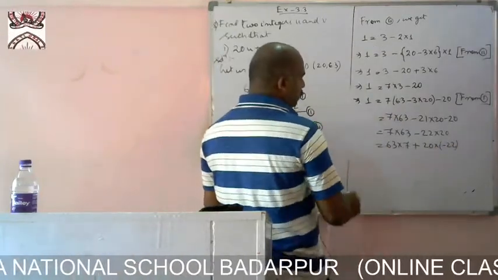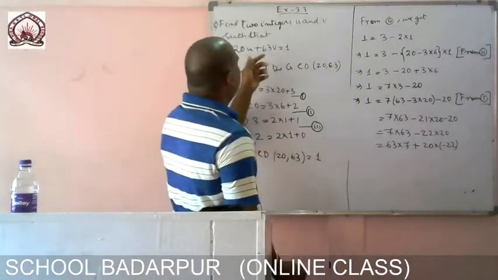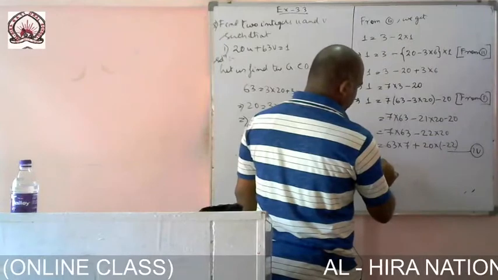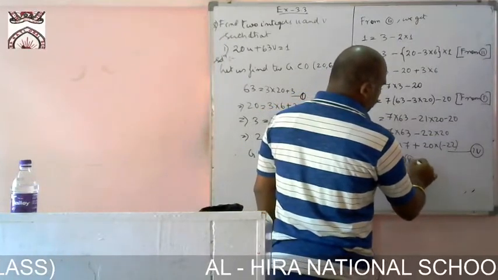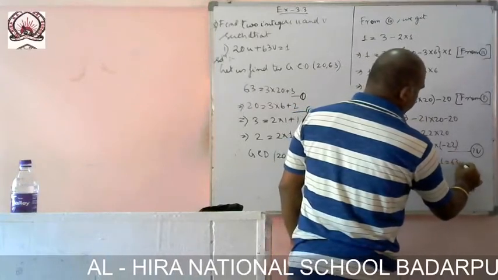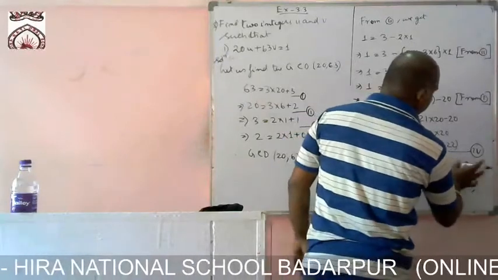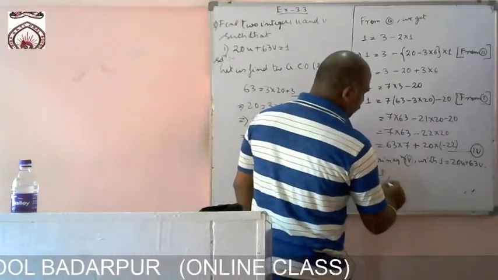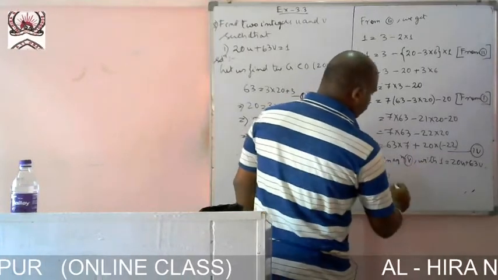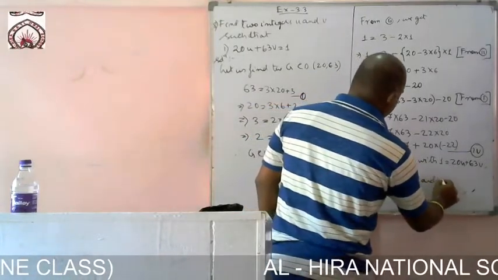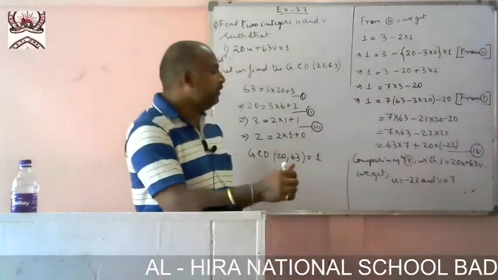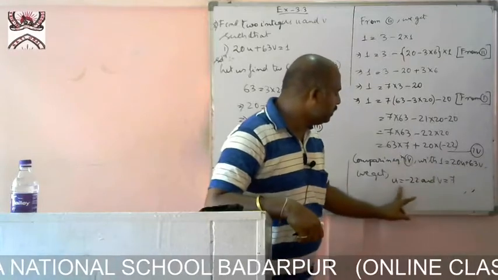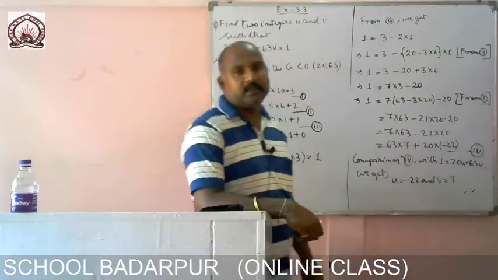Now if I put this as equation 4 and compare it with 1 equal to 63u plus 20v, we get u equal to 7 and v equal to minus 22. Comparing, 63 into 7 and 20 into minus 22, so u equals 7 and v equals minus 22. Clear?